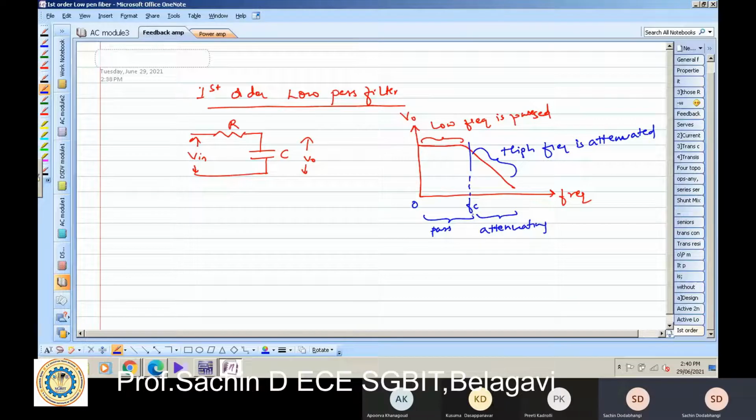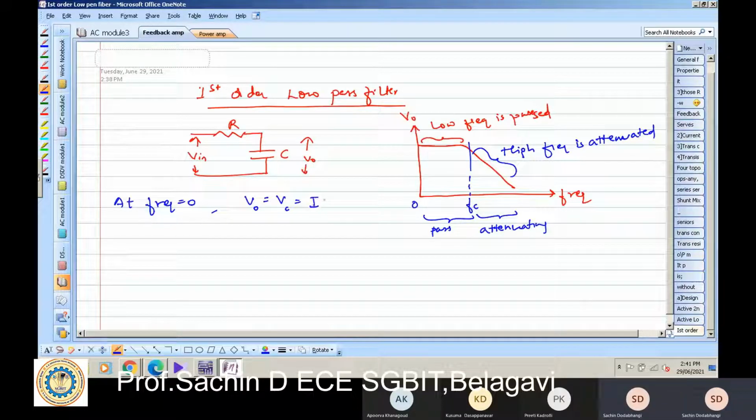So how does this operation take place? At frequency equal to 0, what is the output voltage here? I can write output voltage is equal to the voltage across the capacitor, so I can apply the voltage divider rule. It is nothing but I into Xc.